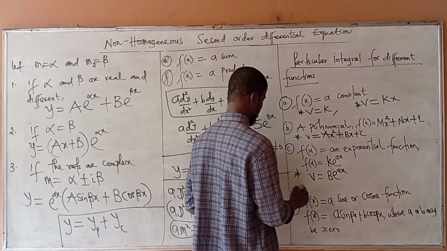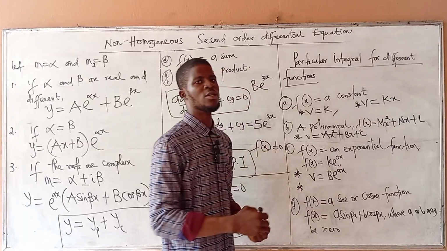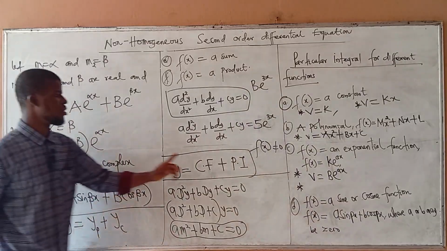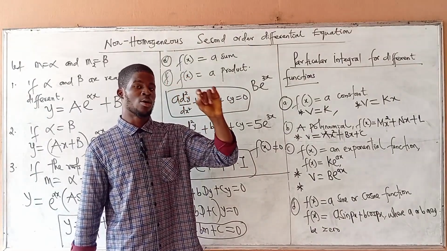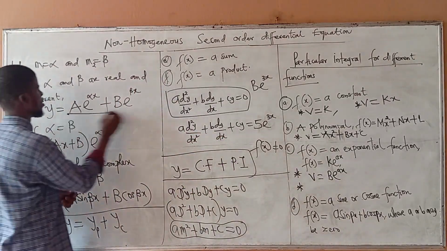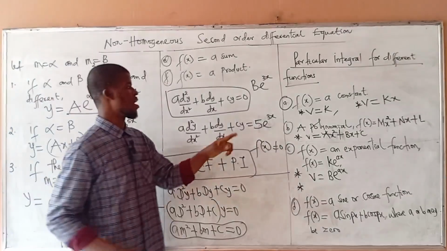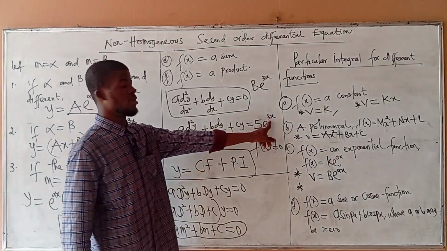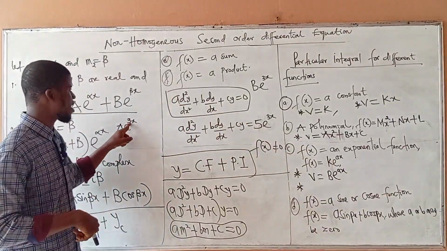What if exponential ax appears in the complementary function? If I solve a second order differential equation that is non-homogeneous, and in the complementary function, let's say in this kind of case, I have exponential 5x, and in my function, okay, let me use 3x, in my function I have exponential 3x at the right hand side, and in my complementary function I'm having 3x as well.